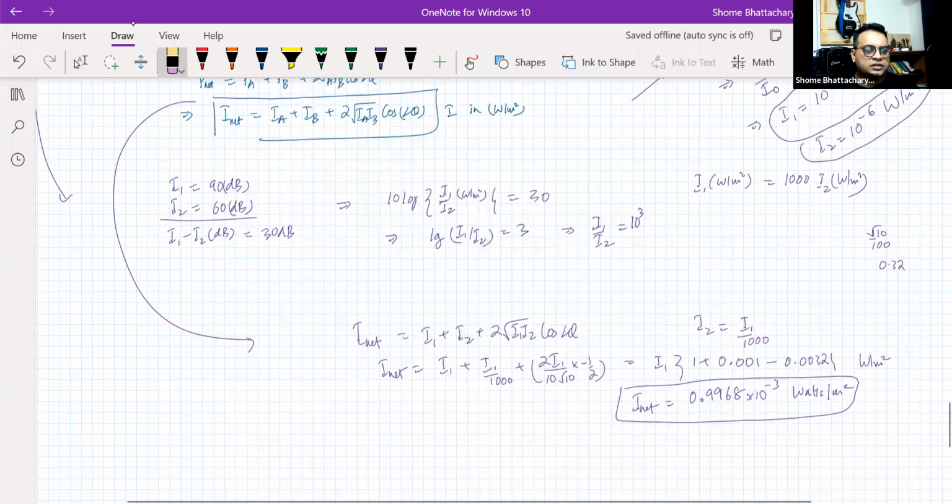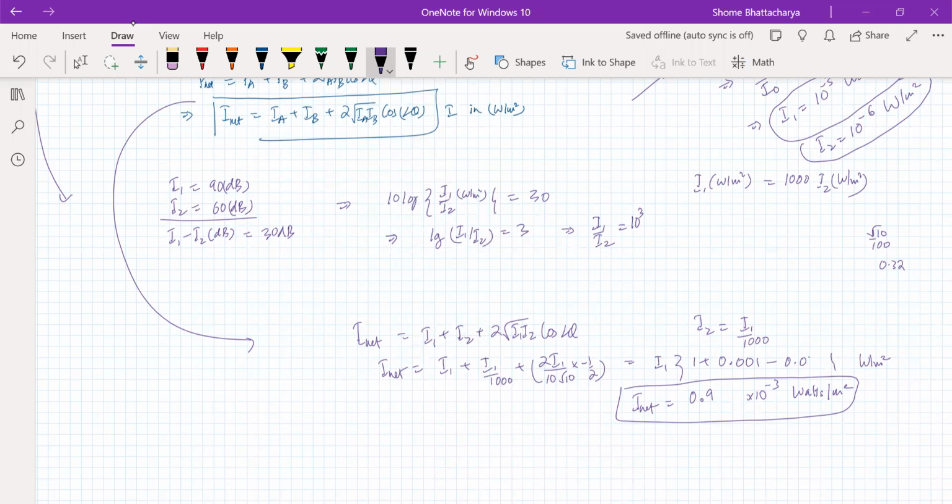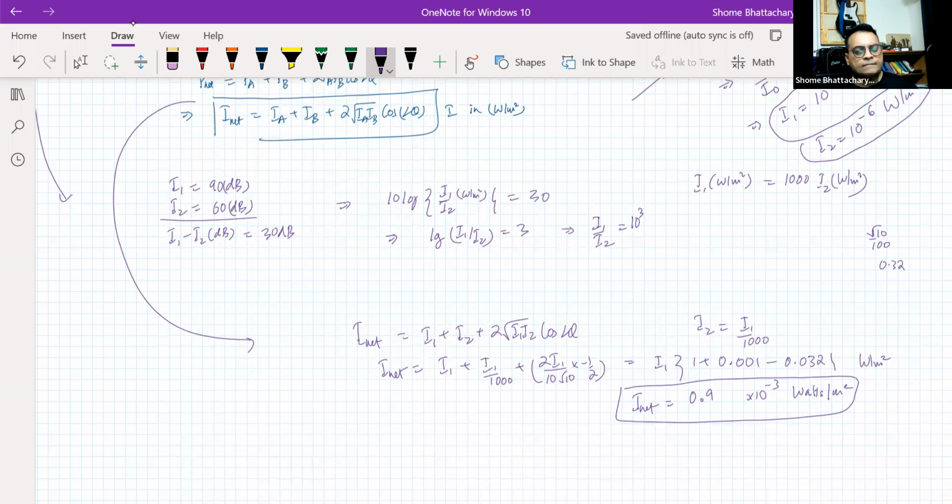So then this changes, and this also changes. So now this becomes how much? It's the same, it's 0.031032. Is it correct now? Yes. Okay.